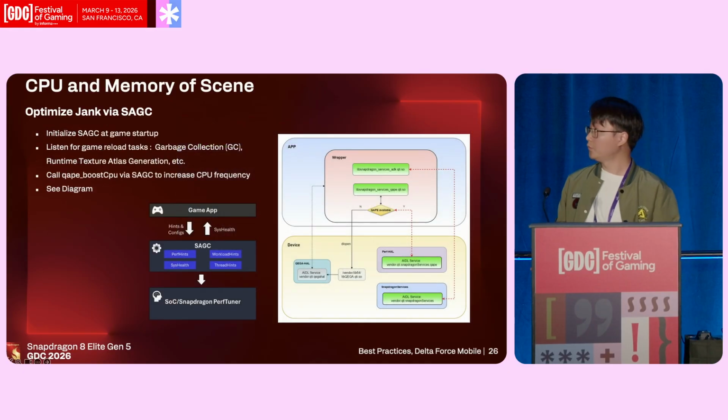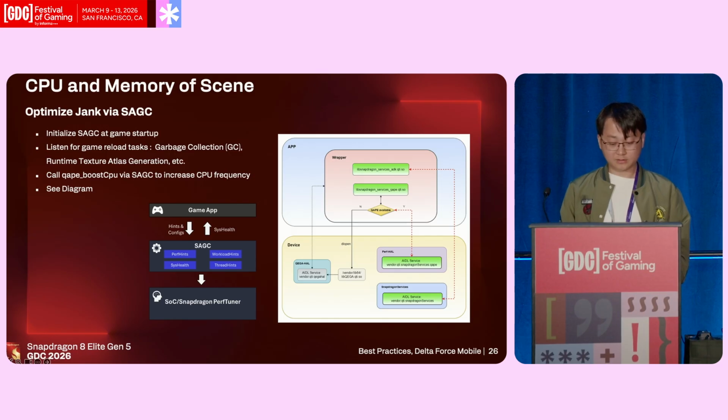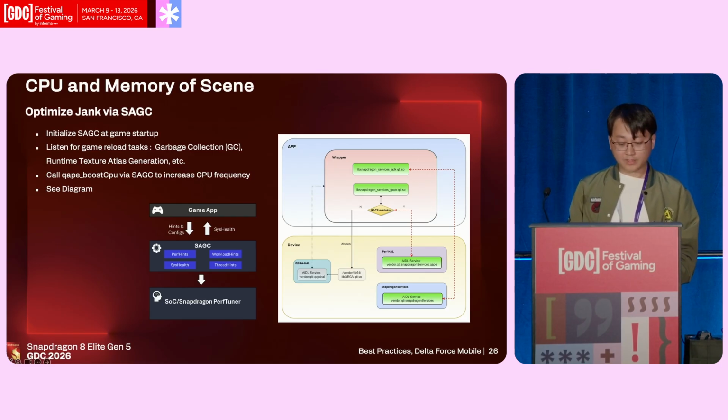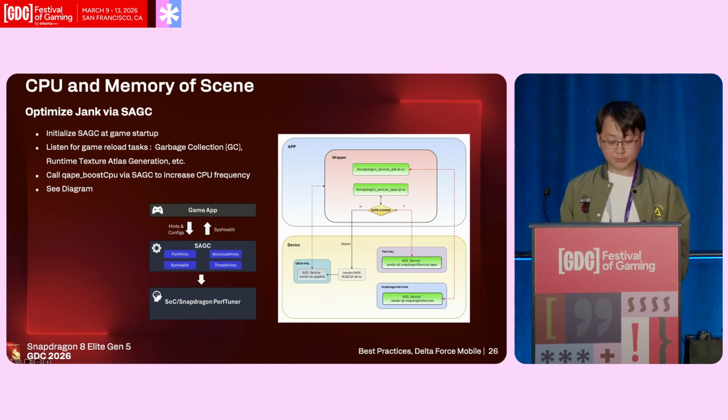We can handle it with SAGC. When games run on mobile devices, CPU cores typically don't operate at the max frequencies. There are two reasons. First is wasted performance, and second is too high power consumption. Now, Qualcomm's SAGC provides us with a capability. We can notify the chip hardware in advance to temporarily boost core frequencies, meeting our peak performance needs.